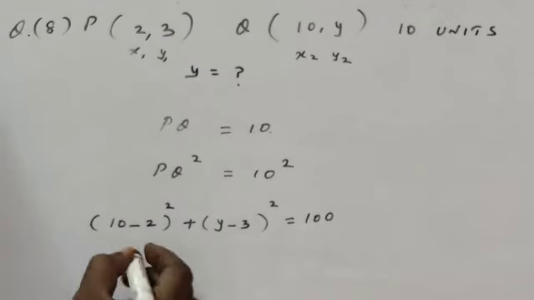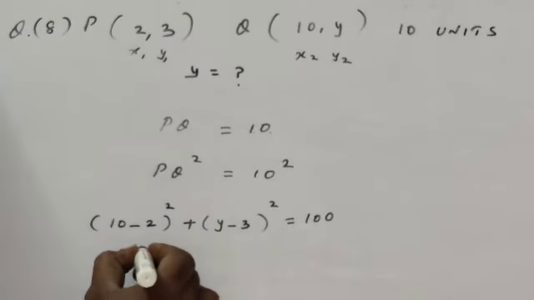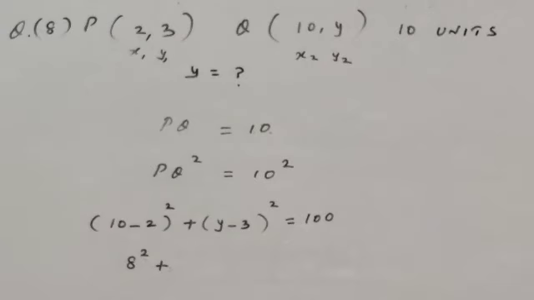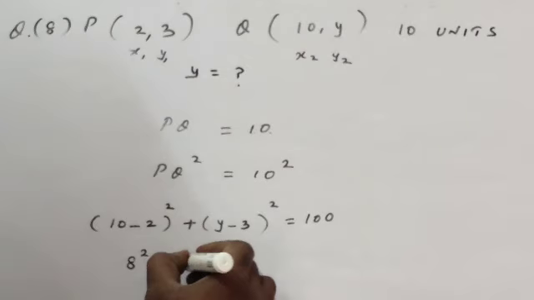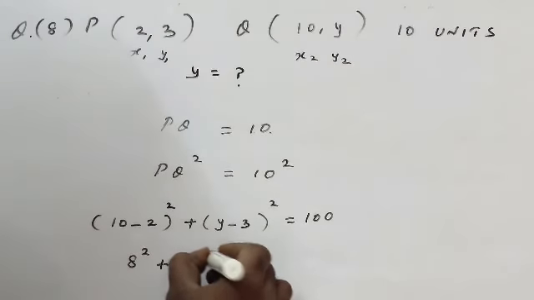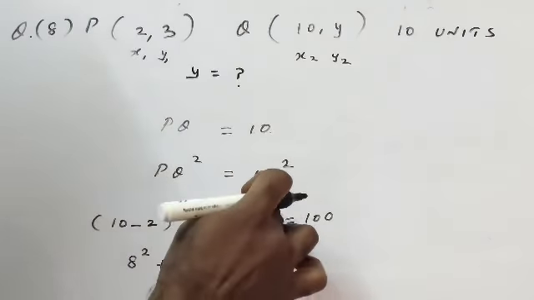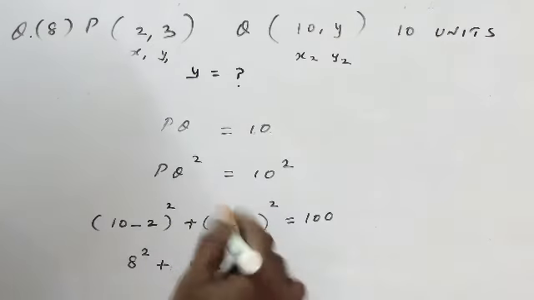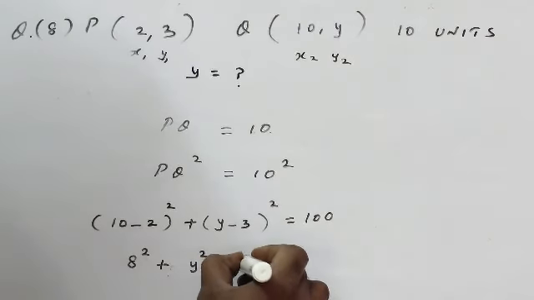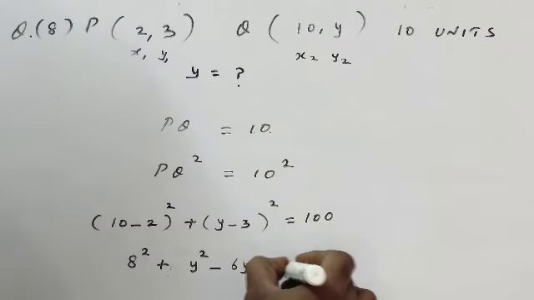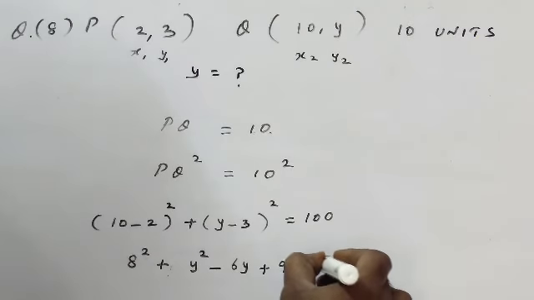Now 10 minus 2, that is 8 square. Y minus 3 whole square looks like the a minus b whole square formula. So a square, that is y square, minus 2ab, 2 into y into 3. Multiplying the constant 2 into 3, 6, 6 into y, 6y, plus b square, that is 3 square, 9, equal to 100.